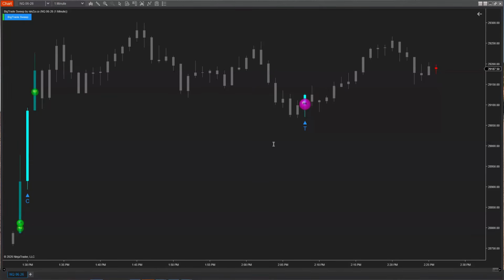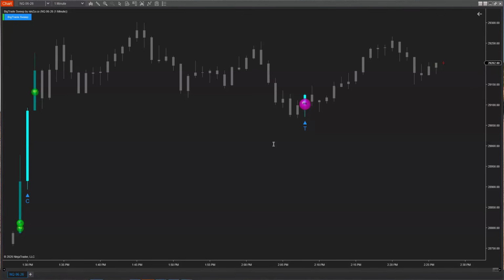So of course, this indicator doesn't necessarily have to be your entry indicator. This could be a map for you. This could give you some kind of a bias. For example, if you see numerous green bubbles, and then there is a green bubble at the highest high, and all of a sudden price is reversing, it's going down.